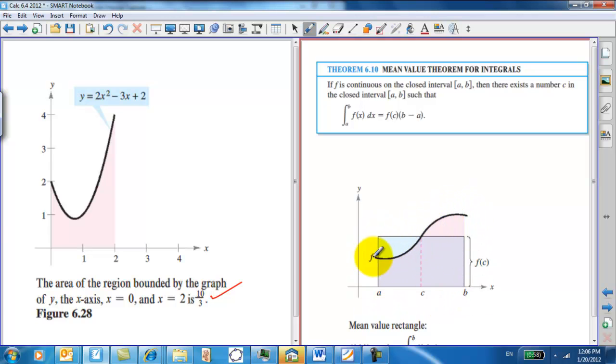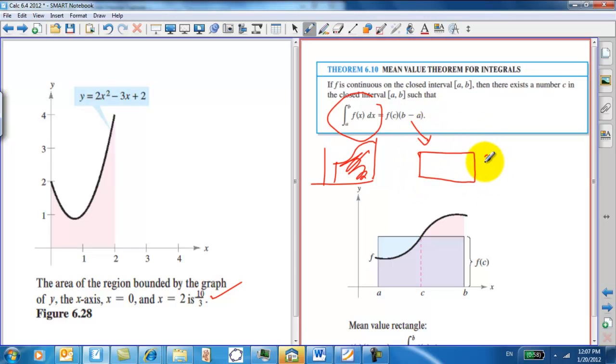The area underneath this strange shape is the integral. So the integral here equals this strange area, and what this equals is the rectangle, f of c high and b minus a long, because that's the gap here from a to b, b minus a.